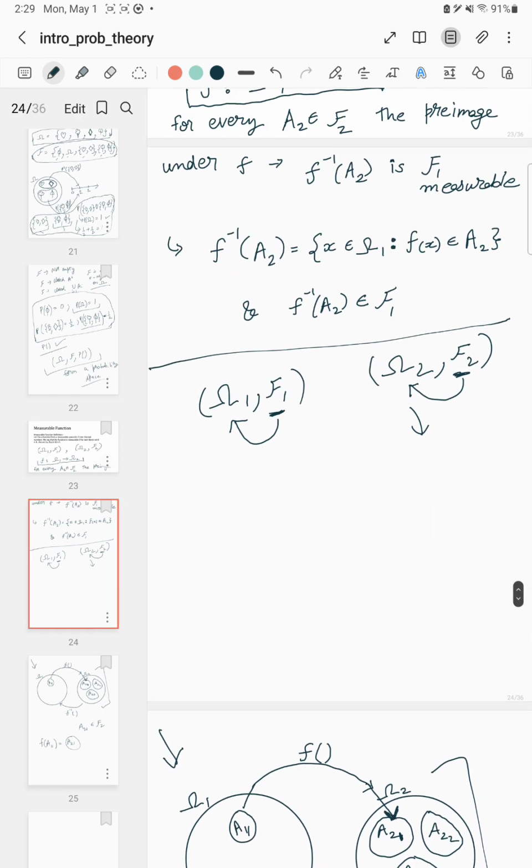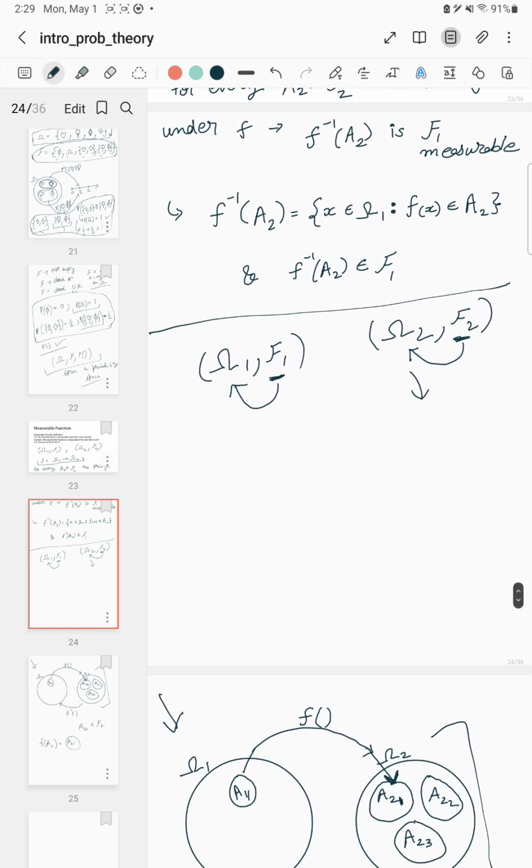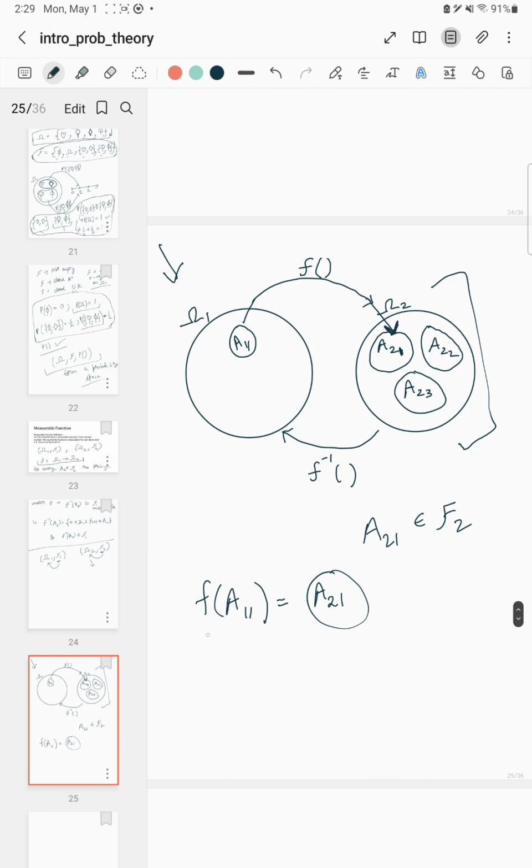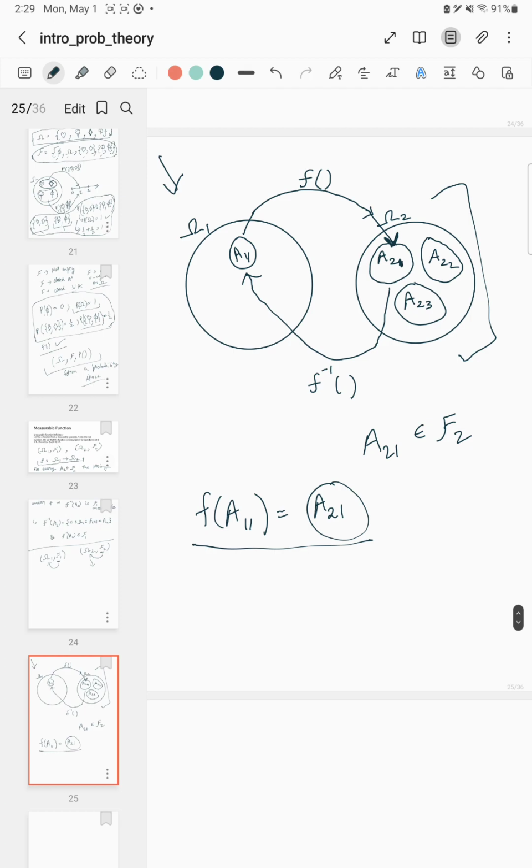What does taking a pre-image mean? Taking a pre-image means applying the inverse function. So f of A11 is A21, and if I take the pre-image of the set A21, it points towards A11. You can also write it this way: f inverse of A21 is equal to A11. This is called a pre-image.